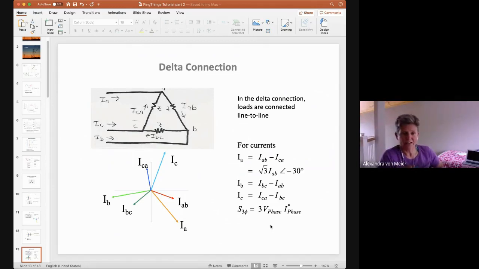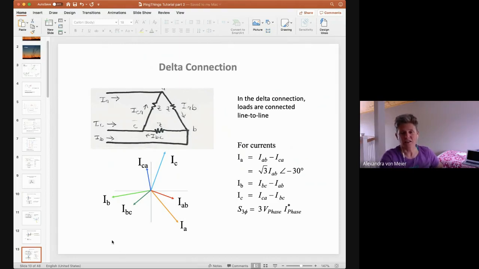And you can again do the vector addition in the complex plane here and see that the current that goes, for example, from phase C into phase A is, by Kirchhoff's law, the sum of the line current going into phase C plus the current from B to C.